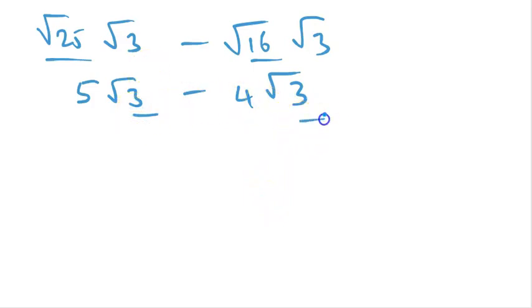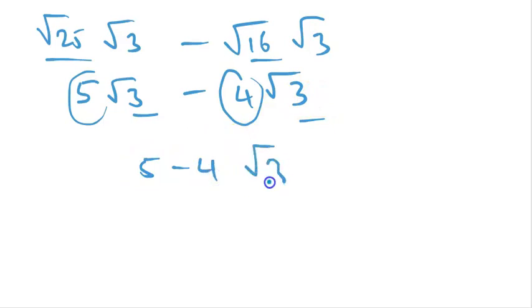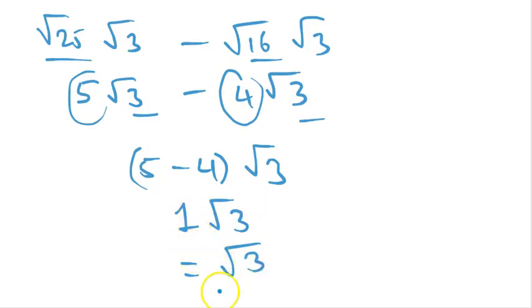This is root 3, this is root 3. So we can subtract these two because whatever we have inside the radicals are the same. Therefore, in order to subtract, we only subtract the coefficients and then multiply with the radical. So that means 5 minus 4 multiplied by root 3. When I subtract, I get 1 root 3. But this is normally written as just root 3 because you don't need to write the 1 there.